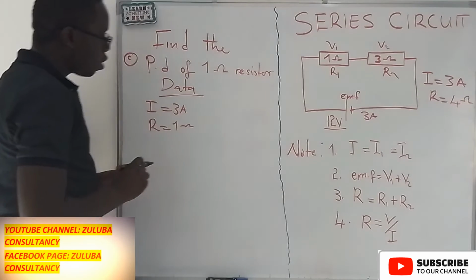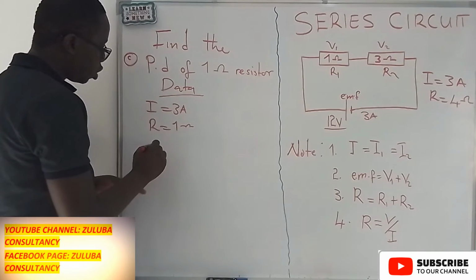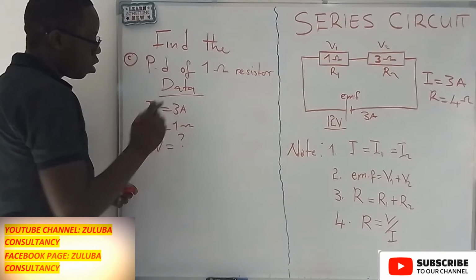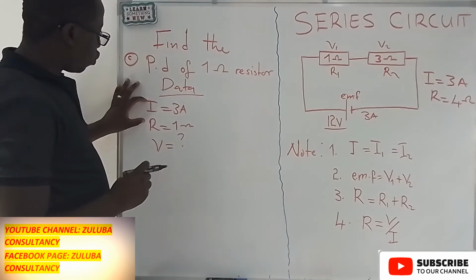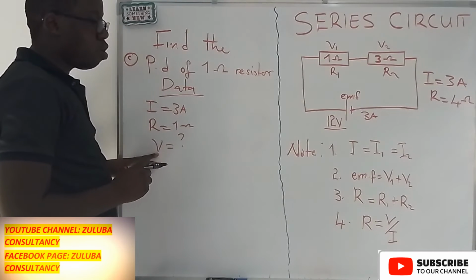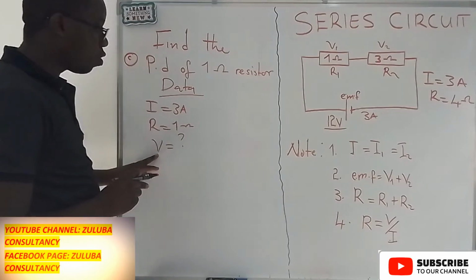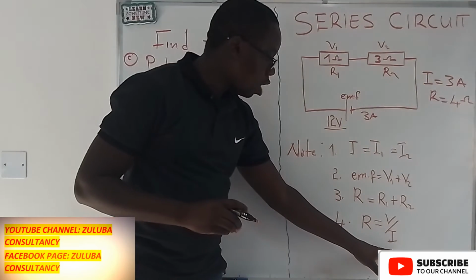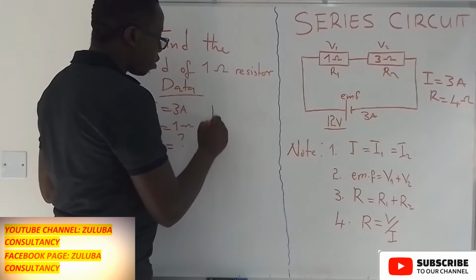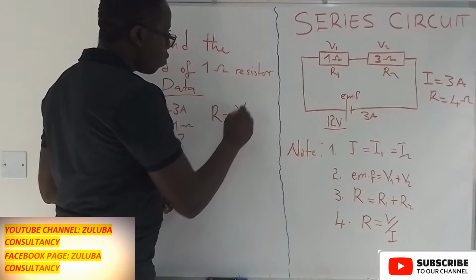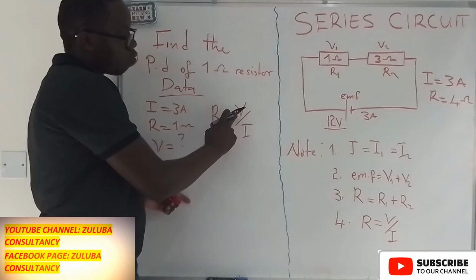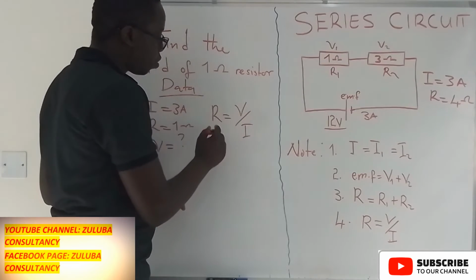After we know this, they are asking us to calculate the potential difference, which is basically the V. So when you have these two, and you are asked to find the V, which equation can we use? We can use equation 4. Now, with equation 4, we know that R is equal to V divided by I. So they are asking us to make V the subject of the formula.